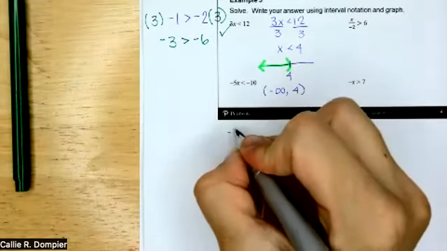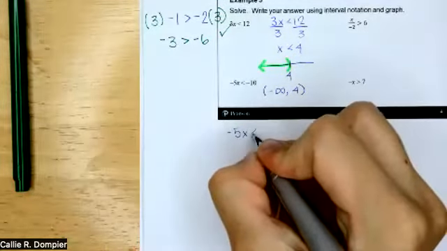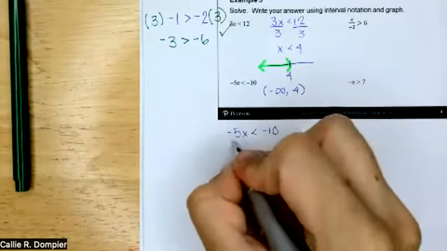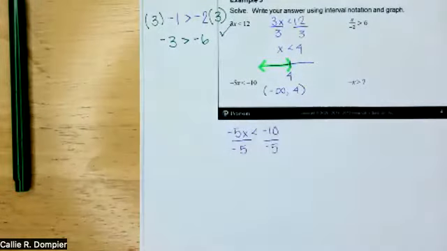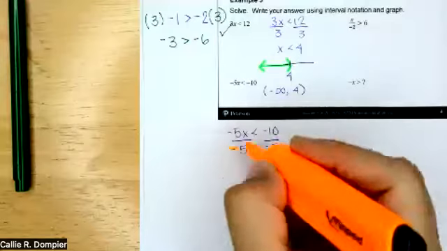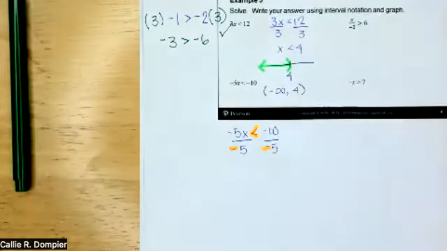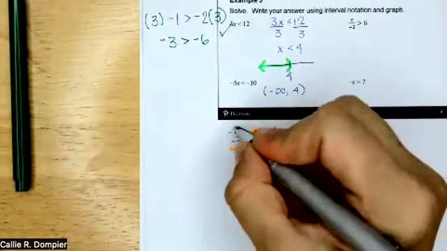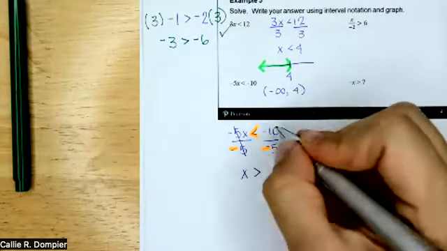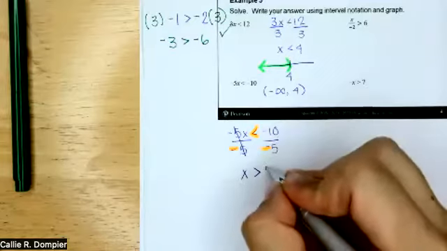Our next one was negative 5x is less than negative 10. Divide by negative 5, divide by negative 5. Remember, now, because these are negative, that sign must be flipped. Those cancel. I just have x is greater than a negative divided by a negative is a positive 2.